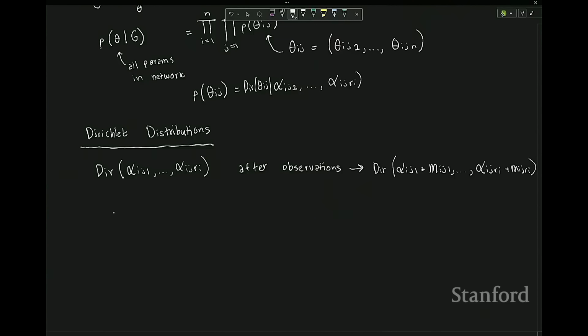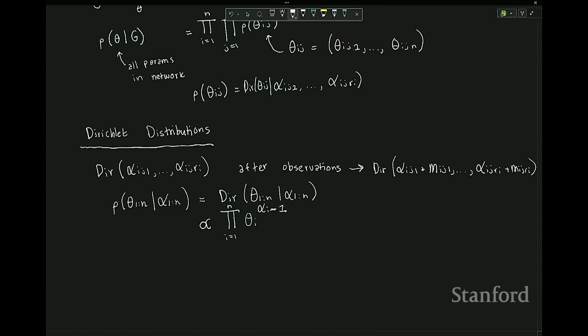And in our Dirichlet distribution, the likelihood of parameters, so for the simplicity of notation, I'm just going to write theta from 1 to n, given alpha from 1 to n, is equal to the Dirichlet of theta given alpha. And this is going to be proportional to the product over all n of our parameters theta to the power alpha minus 1.